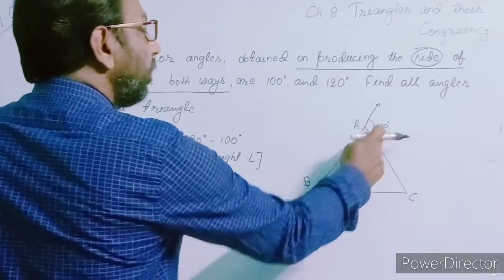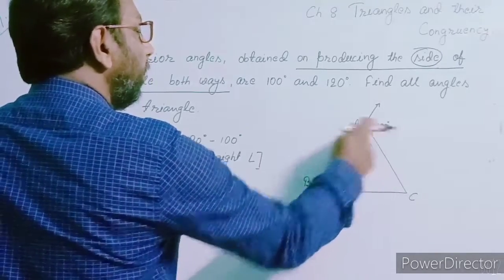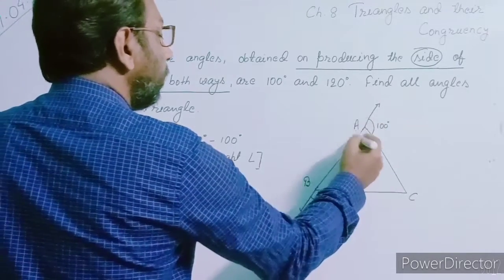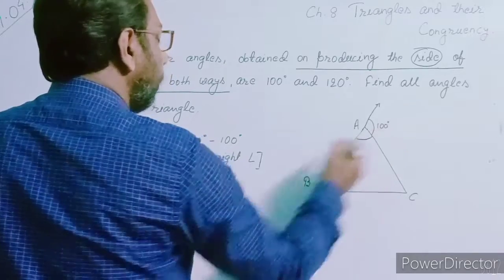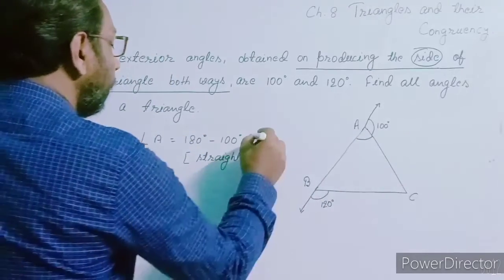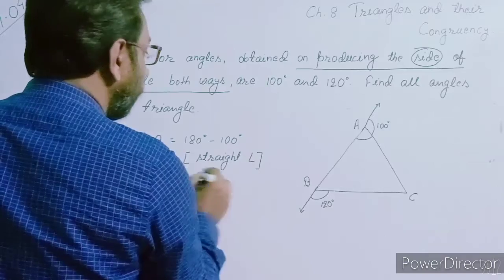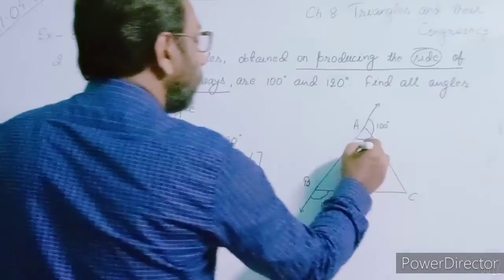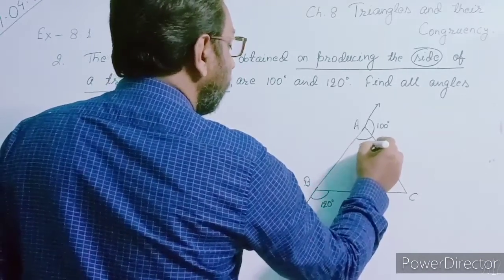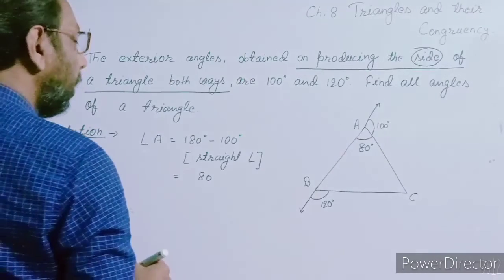Because this angle plus this angle equal to 180 degree, therefore this angle equal to 180 degree minus 100 degree, that is equal to 80 degree. So angle A became equal to 80 degree.